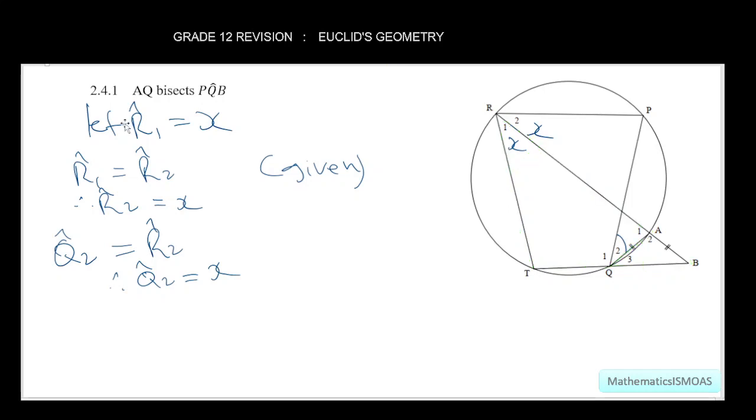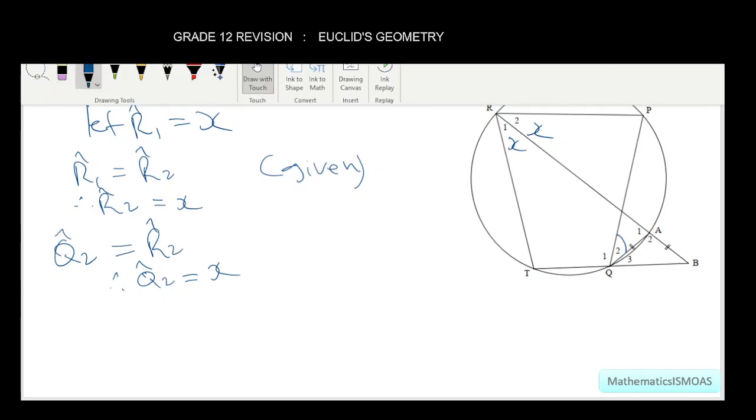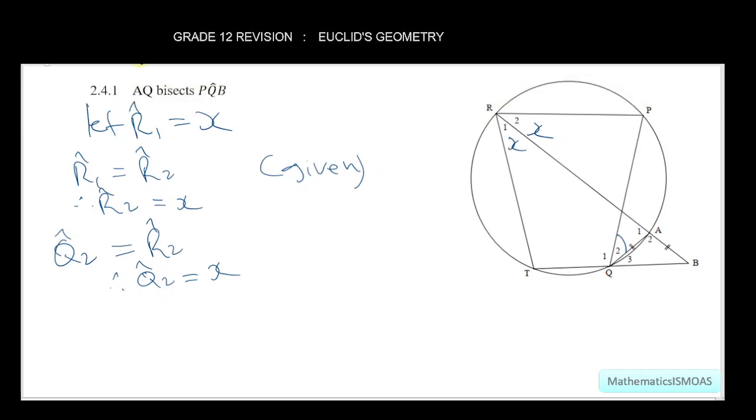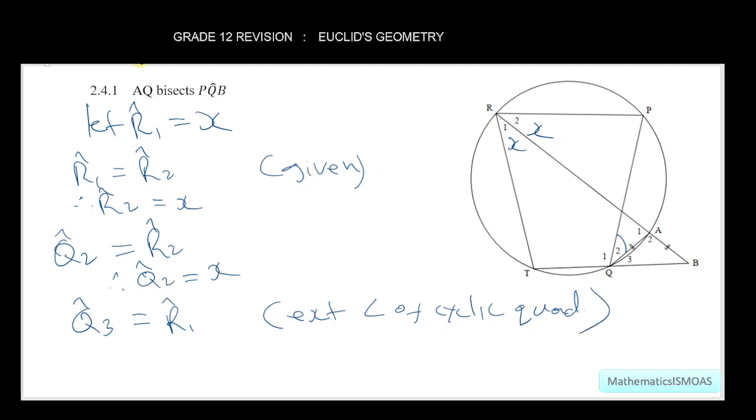So we can now say angle Q3 will be equal to angle R1. Reason: exterior angle of cyclic quad.